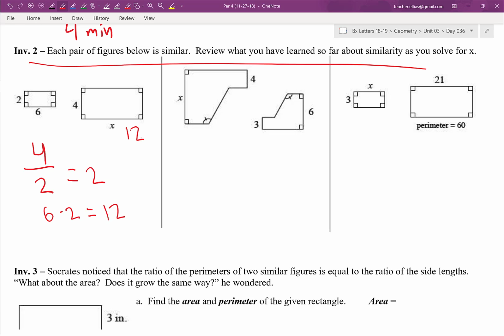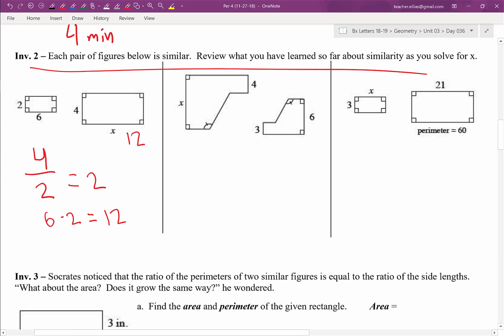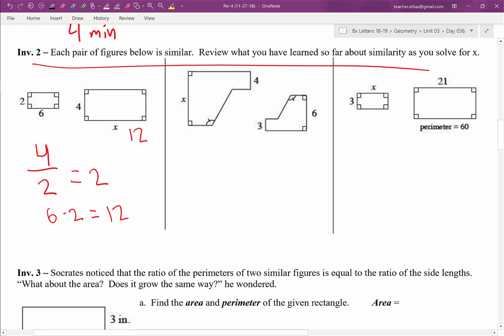Okay. 4 divided by 3 equals. You have to divide first and then.